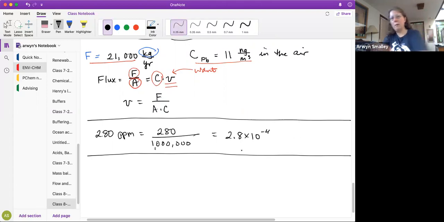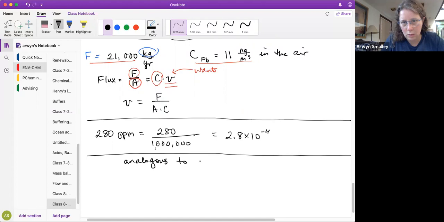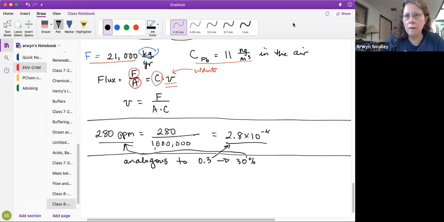And I always have to remind myself that this is analogous to 0.3 is the same as 30%, right? So 280 parts per million is the same as, this would be the analogous part here.